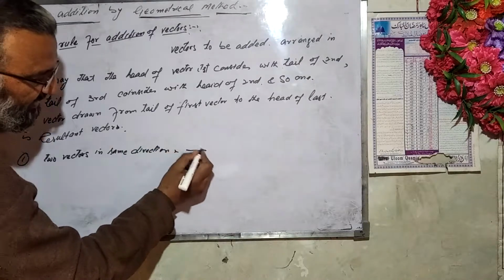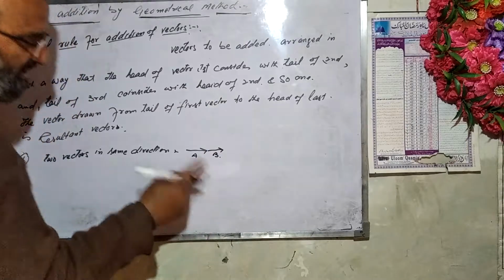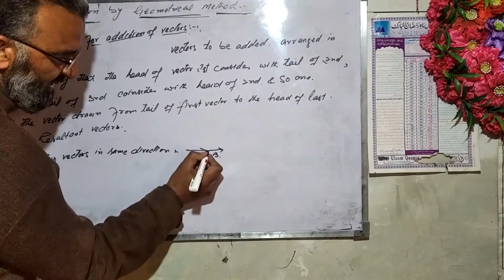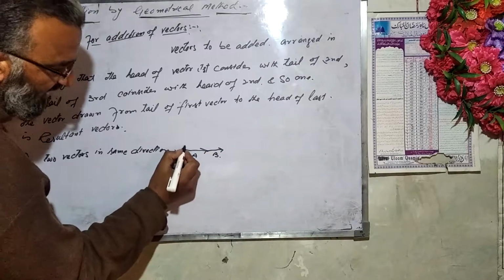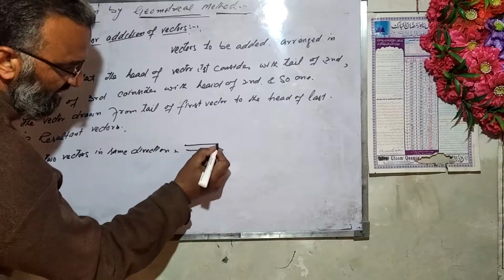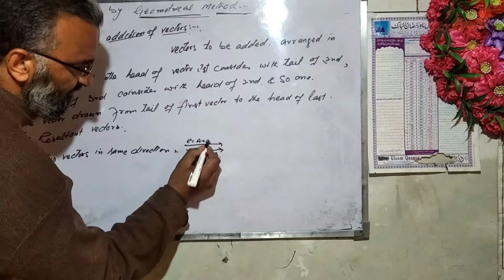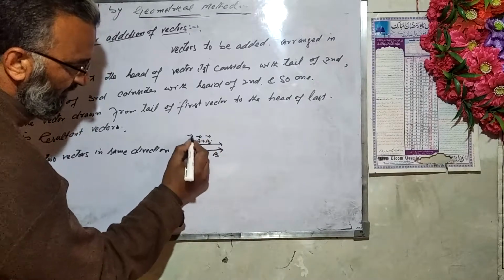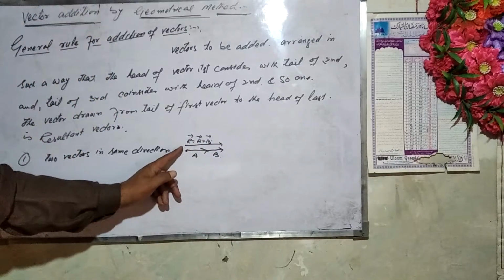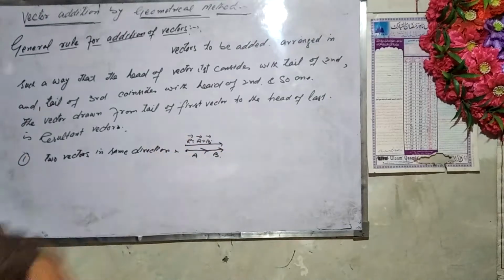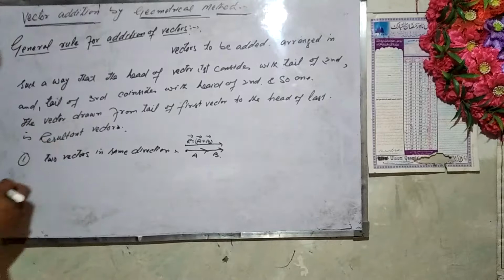See, we have here vector A, this is vector B. इनको ऐड करेंगे हम तो we coincide the head of first with the tail of second, and this R is equal to A plus B. Here, vector drawn from the tail of first to the head of second, this is R is equal to A plus B.